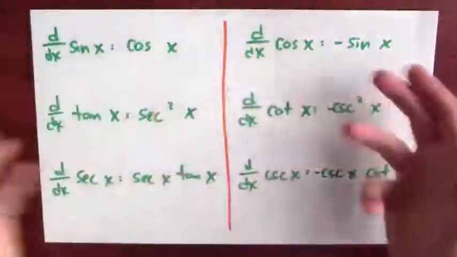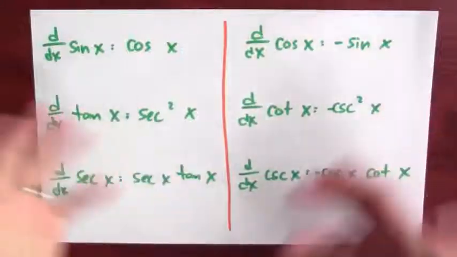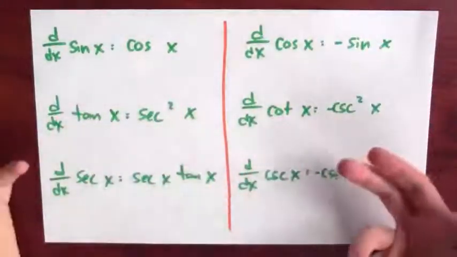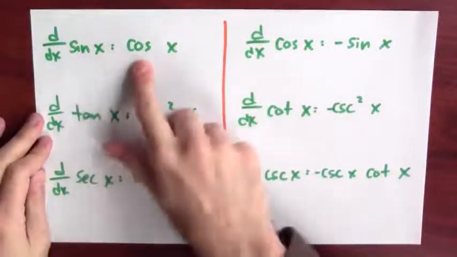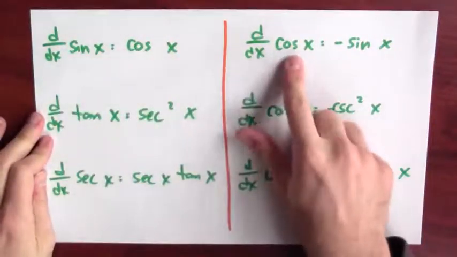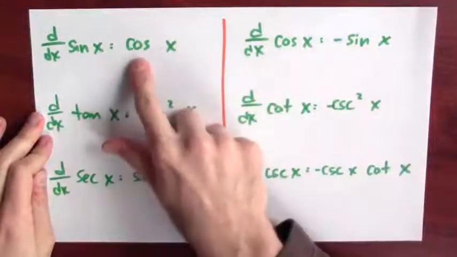Now that we've seen the derivatives of all 6 of our trig functions, how are we supposed to remember these derivatives? Well, here's a table showing all the derivatives of these 6 trig functions. And you can see there's some real patterns to this table. The derivative of sine is cosine. The derivative of cosine has a negative sign.